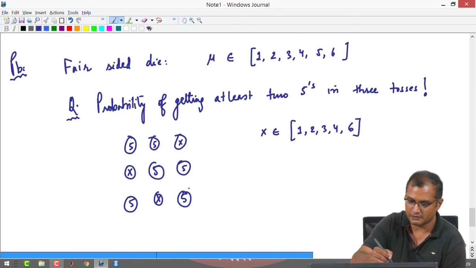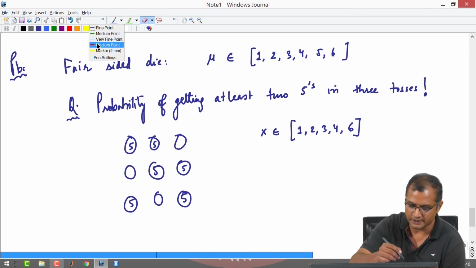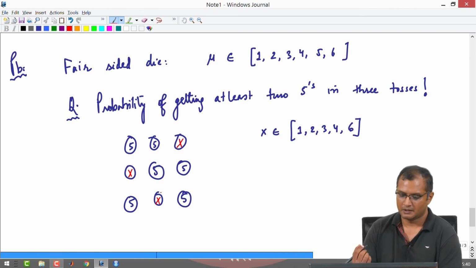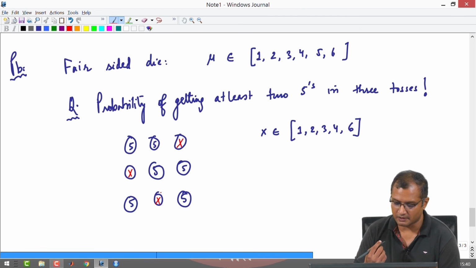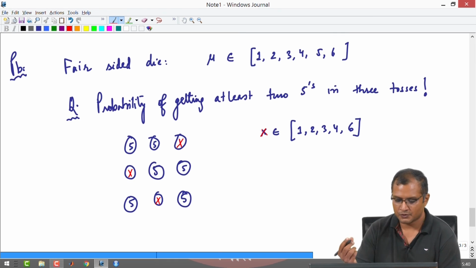Since we have 2 different types of symbols, I am going to color them with different colors. So, there are 3 ways in which you can get 2 5s out of 3 tosses.